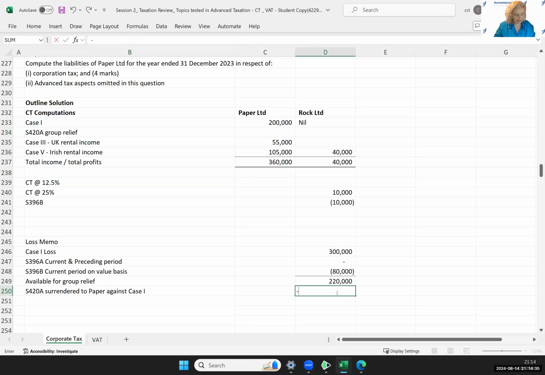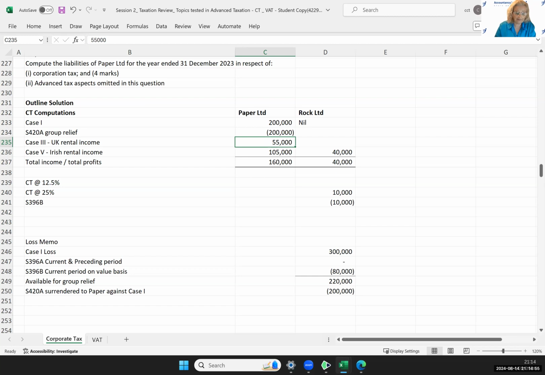There's 200,000 of income, so I'm going to take 200,000. That 200,000, I'm going to use it up here against case 1 income. Does Rock Limited have any more losses left over? Yep, it's got 20,000 left over.